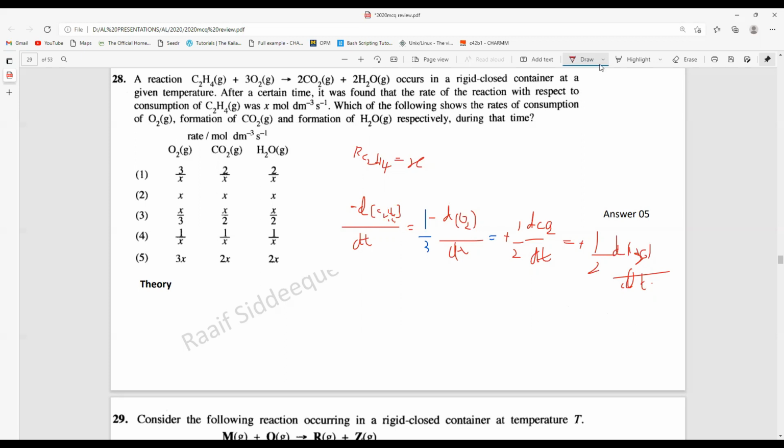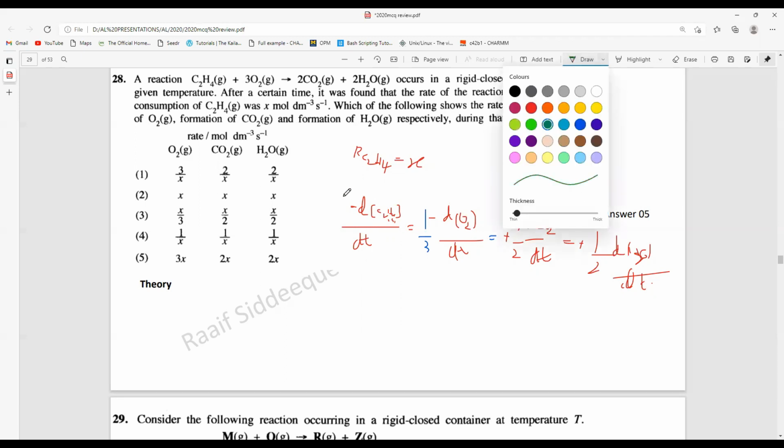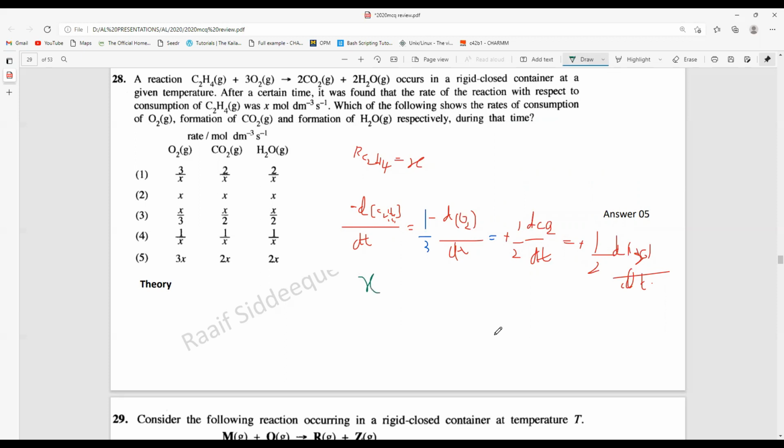And here we know this first one is given as X, right? That would be equal to 1/3 times the oxygen consumption. So we will take the oxygen consumption as Y. So Y would be equal to 3X.